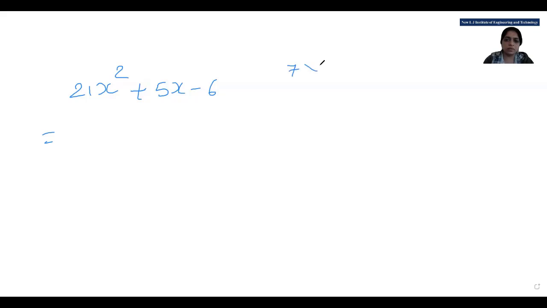Here 9 is 3 threes and 14 is 7 twos, and we want 5 with the help of subtraction. So 21x square plus 14x minus 9x minus 6.